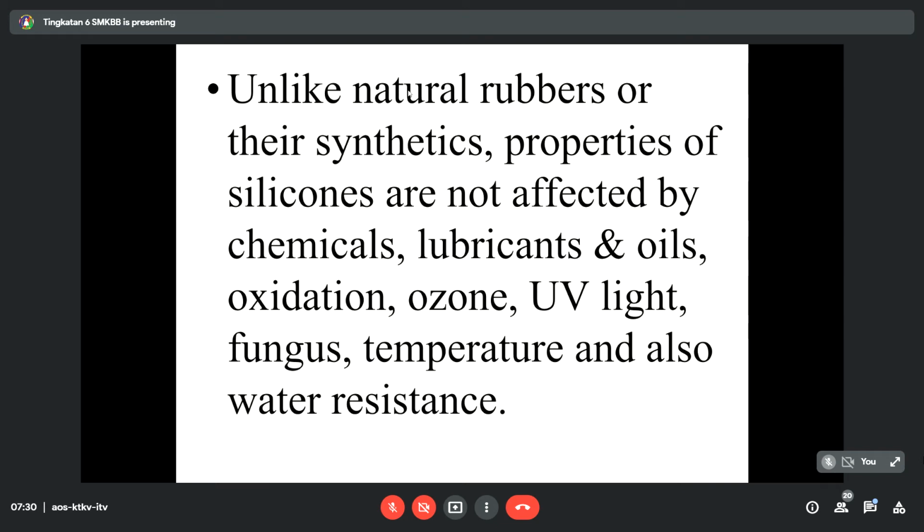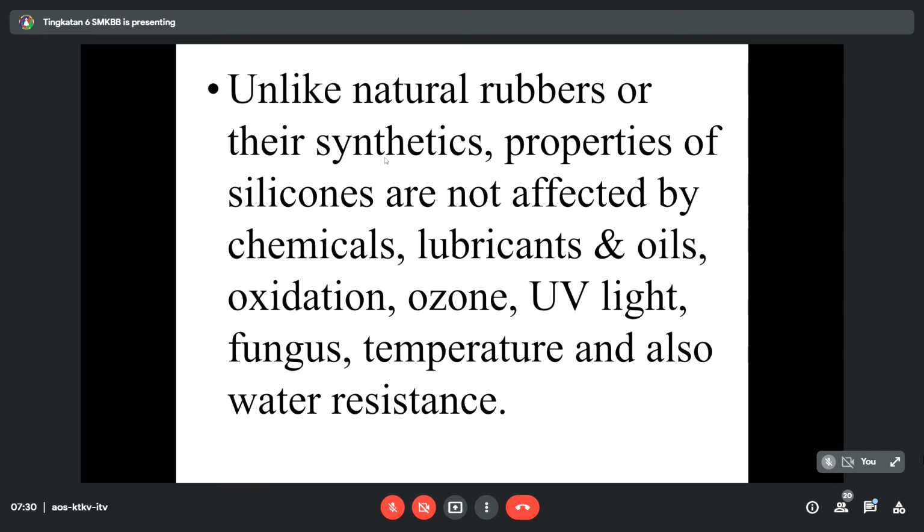To make it very simple, natural rubber is definitely affected by temperature. In fact, that is a weakness of natural rubber. When hot, it becomes soft and sticky. When cold, it becomes hard and brittle. And then of course, natural rubber also suffers oxidation, then it will turn brittle also.